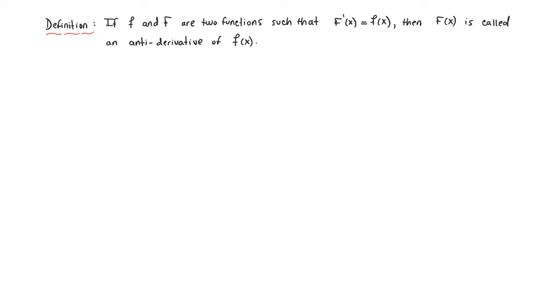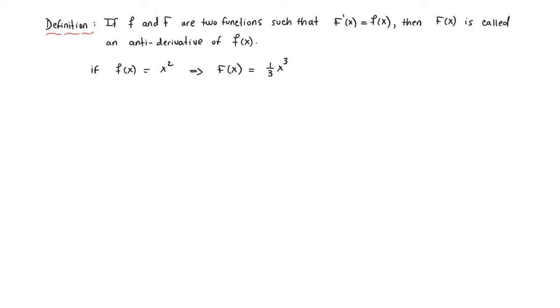And just repeating myself, for example, if, let's say, you're given that little f of x happens to be x squared, then that implies that big F of x, the antiderivative of x squared, will be 1/3 x to the third.